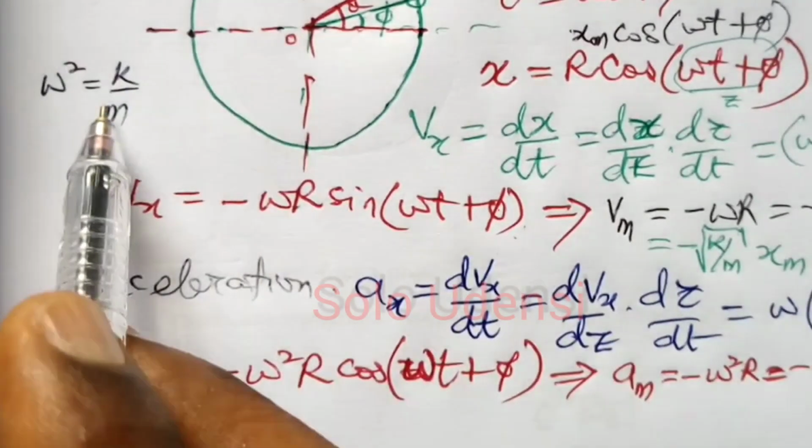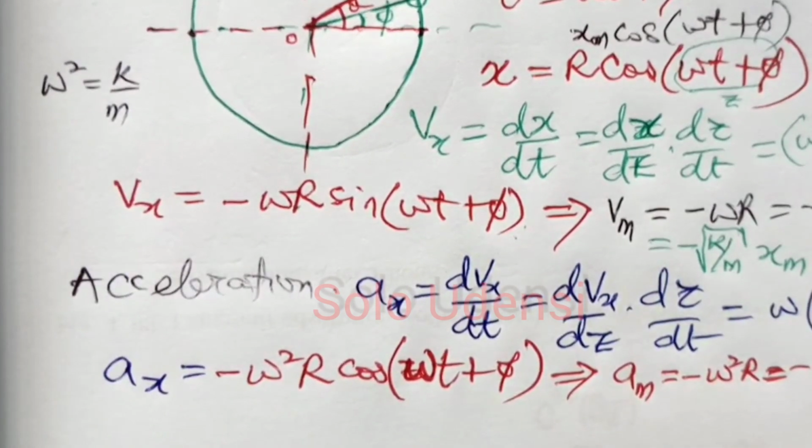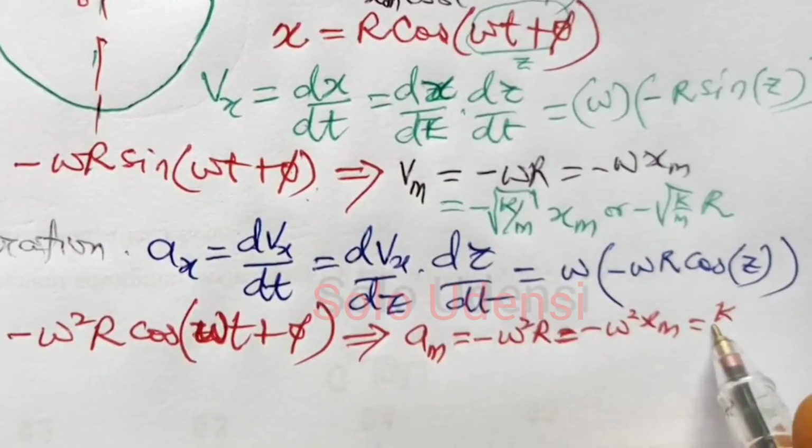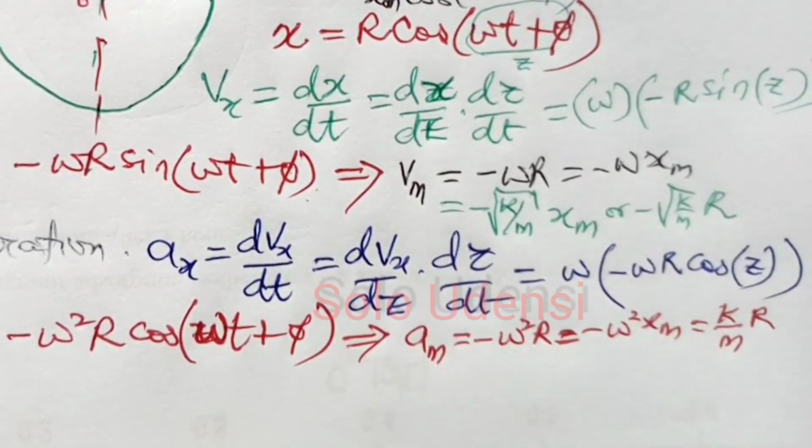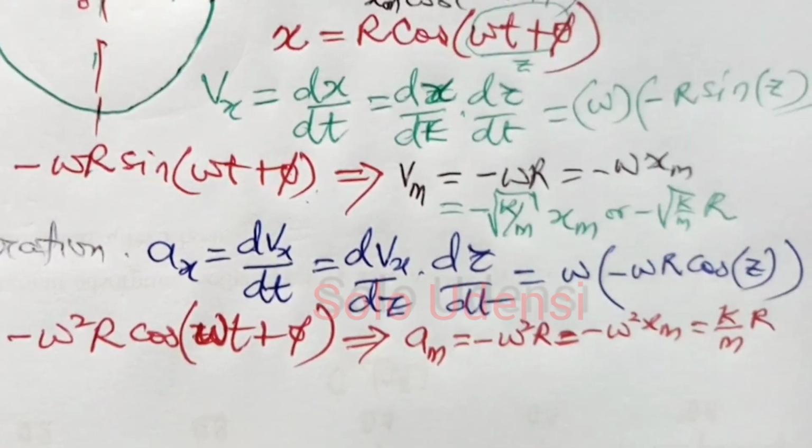Remember, we have said that omega squared is just k over m, so minus k over m times r, or k over m times xm. Any one will work.